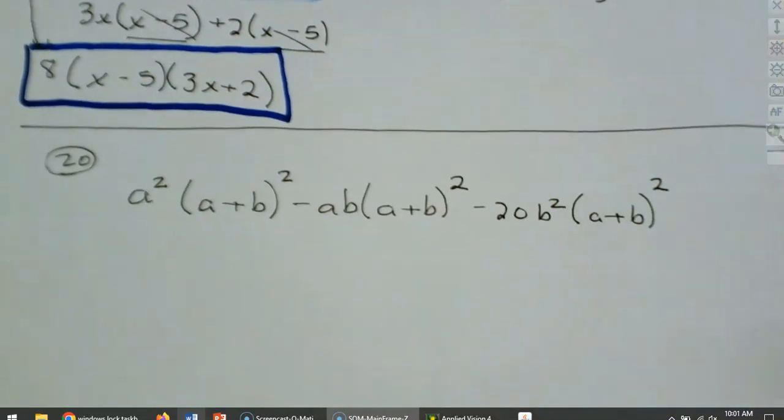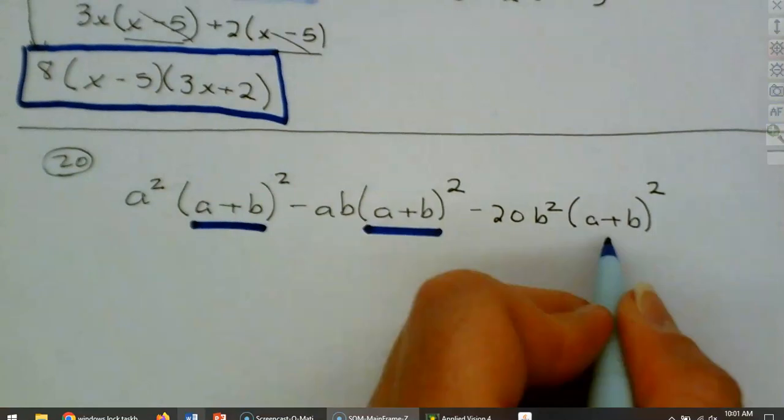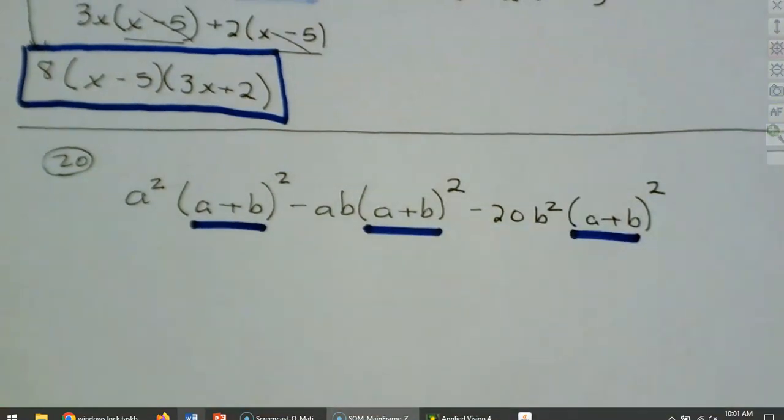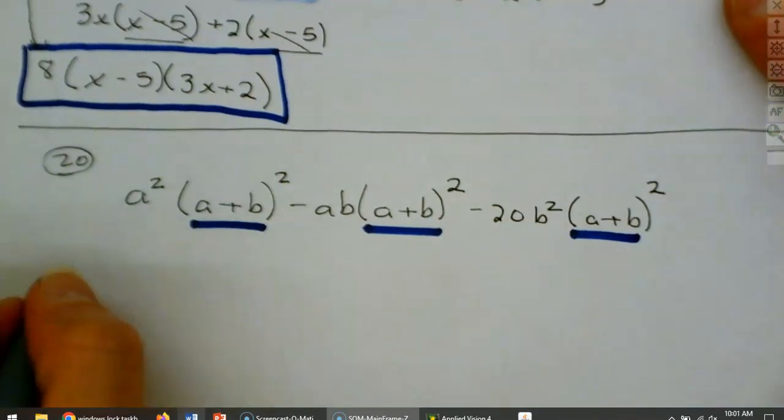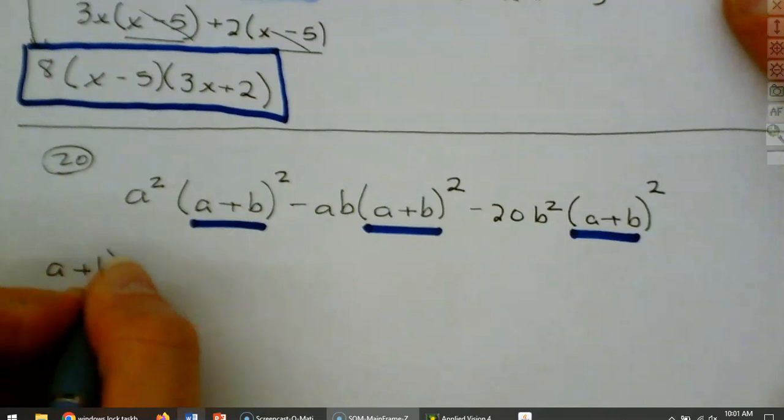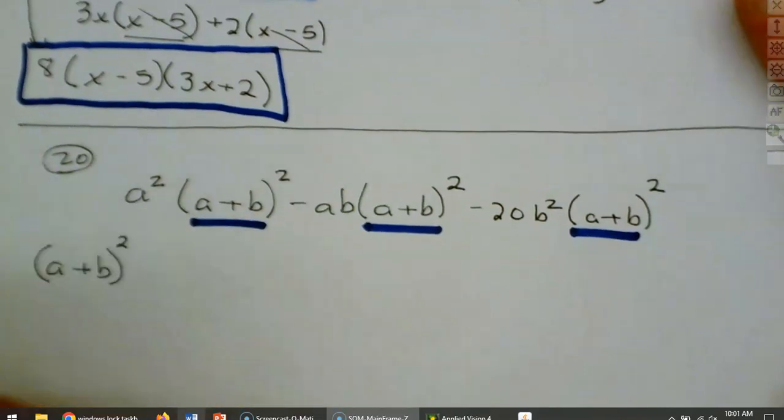Okay, now, first thing we look at is we ask ourselves, can we factor something out? Yes. Because notice these parentheses are what? Exactly the same, right? So what does that tell me then? That tells me that I can take out an a plus b quantity squared.